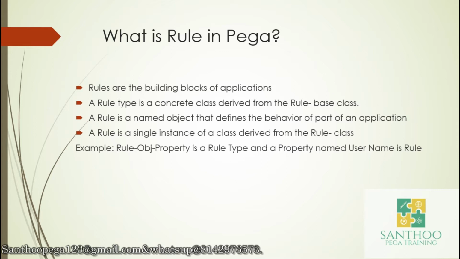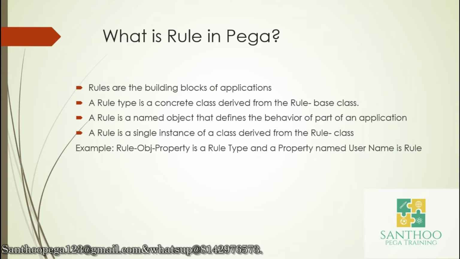The decision related rules have their own functionalities, like evaluating conditions and executing logic. Another is the activity, implementing logic and getting data from the database. So every rule type has its own behavior, and all these rule types derive their class from the Rule-Base class.